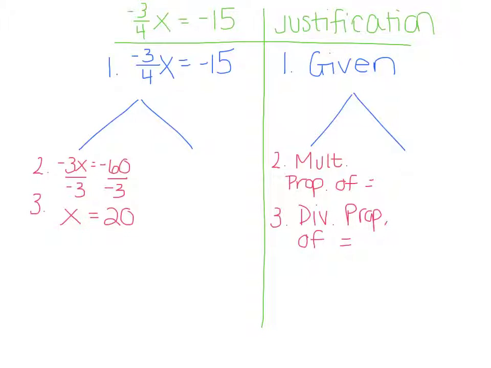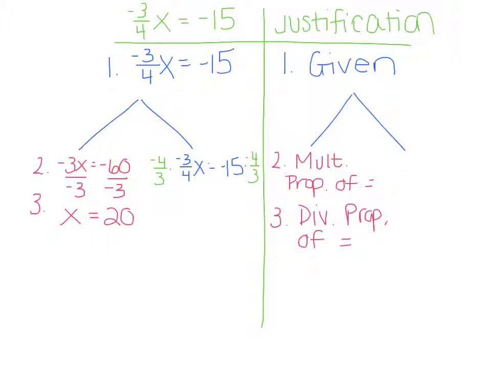So some of you hopefully are thinking to yourself, well, why did I have to multiply by 4 and then divide by negative 3 when I could have just multiplied both sides by the inverse? Meaning if I have negative 3/4 x equals negative 15, I multiply both sides by the multiplicative inverse.